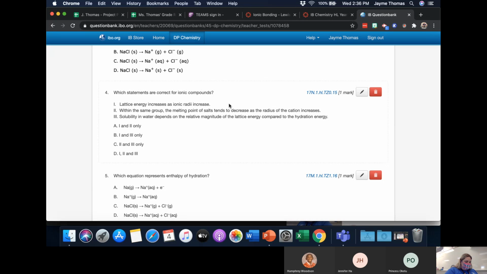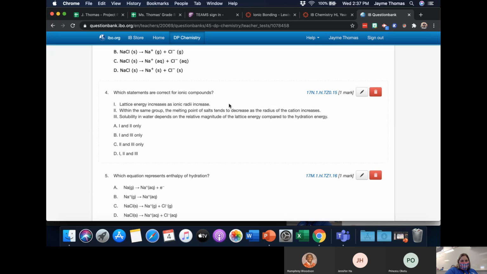For the radius, as your radius gets larger, that decreases the attraction, which means lower. So small radii are going to have higher, similar to the hydration one. So it says lattice energy increases as ionic radii increase. That is not true.